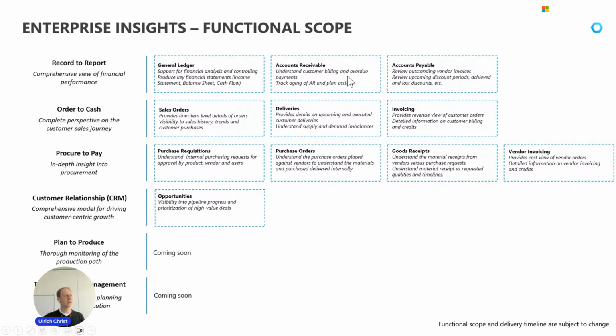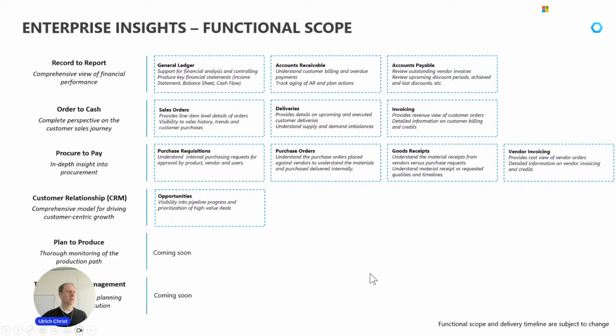You see some more detailed information on the right-hand side. So when it comes to the financials area, we have support for general ledger, accounts receivable, accounts payable. We do sales orders, deliveries, invoicing on the SD side, and also on the purchasing side, we have a lot of capabilities here. This is still growing, right?